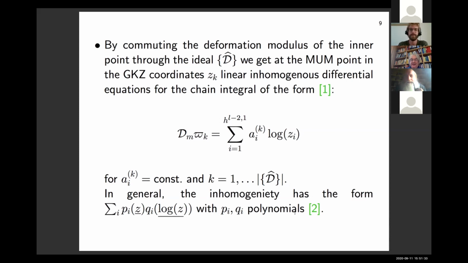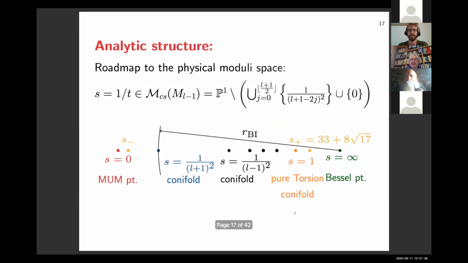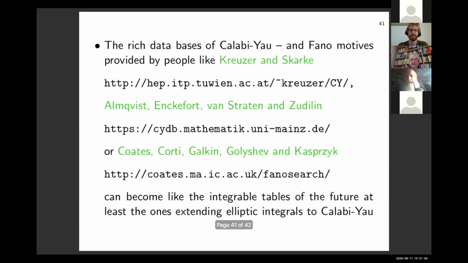Basically, we talked with Matt Kerr, and Matt Kerr looked at this database here. And that's why I think these databases are very important. He made the observation that, if you click at this database, you can put in the coefficients of the holomorphic solution, or maybe the form of the holomorphic solution, and then you find this other motive.